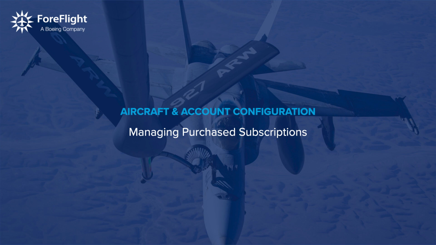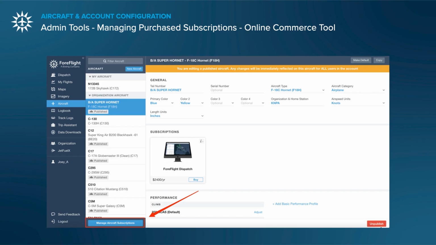The next tool we're going to talk about in our admin tools is managing your purchased subscriptions online. Our commerce team has worked hard to make it easy for admins to manage the subscriptions on their account, such as dispatch subscriptions and runway performance subscriptions.